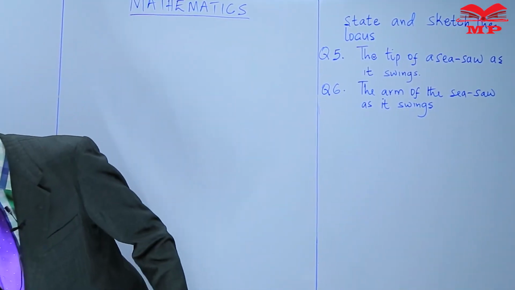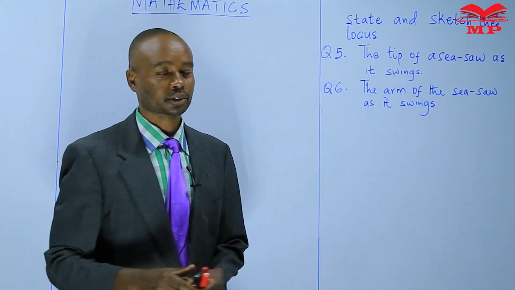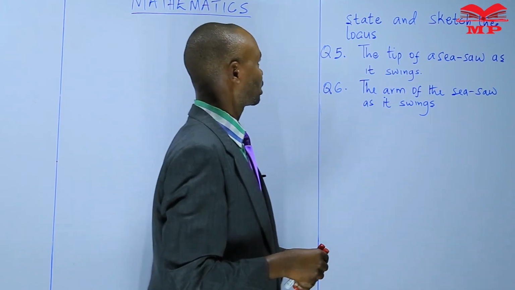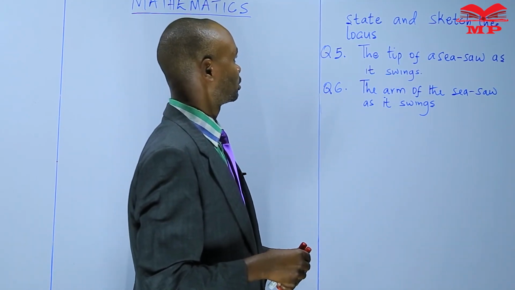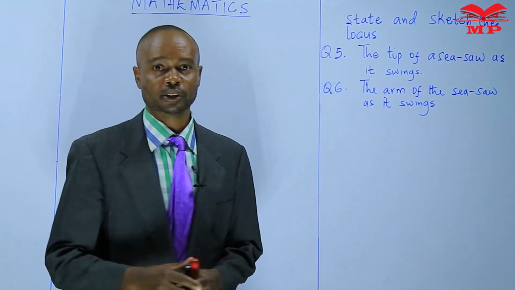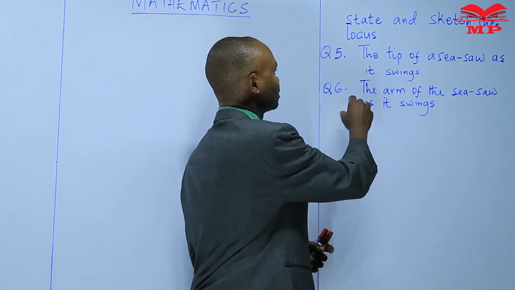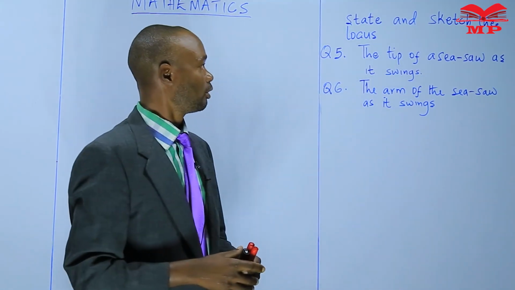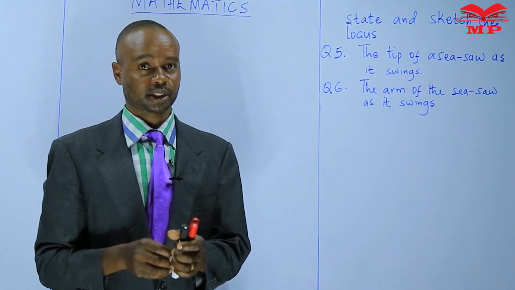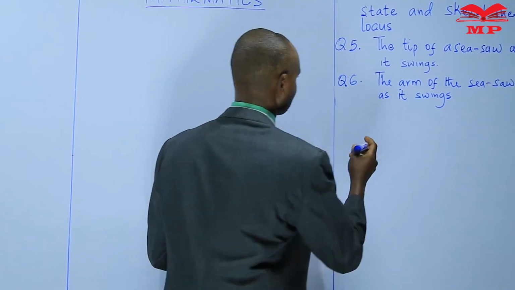In question 5, state and sketch the locus of the tip of a seesaw as it swings, and in number 6, state the locus of the arm of the seesaw as it swings. So we shall go to getting the solutions.